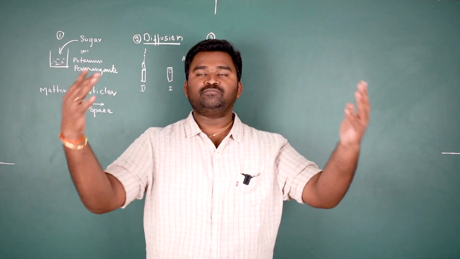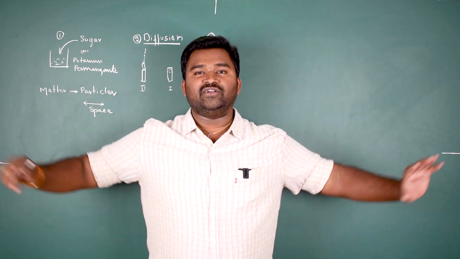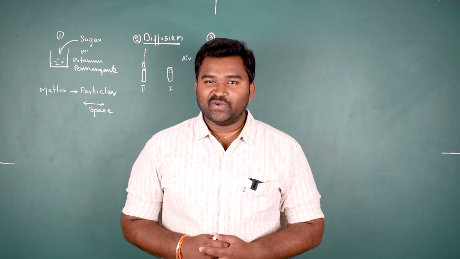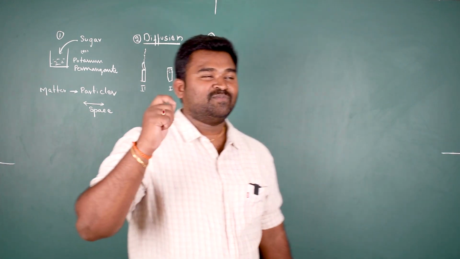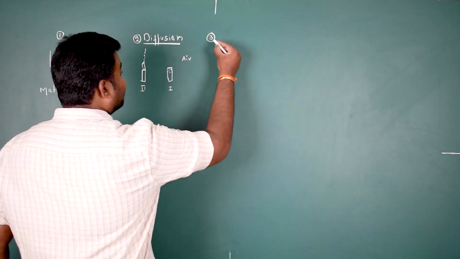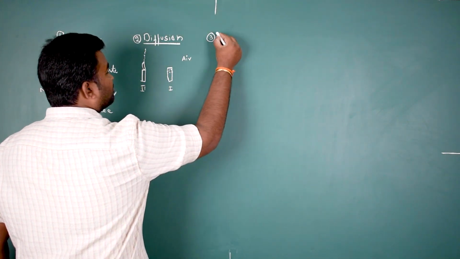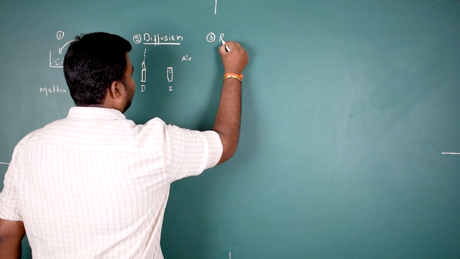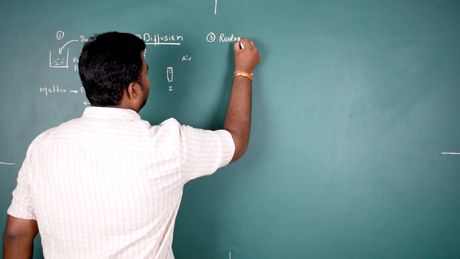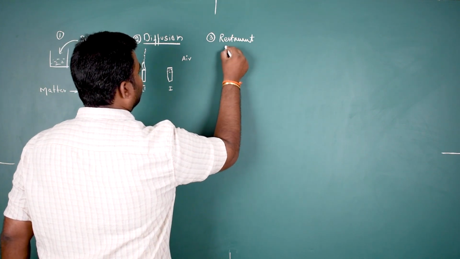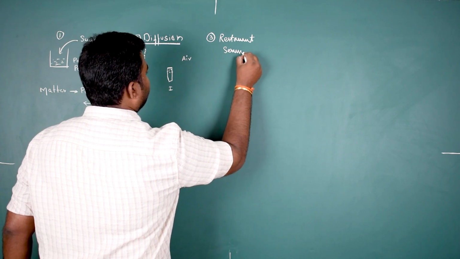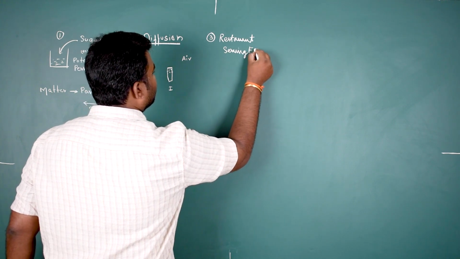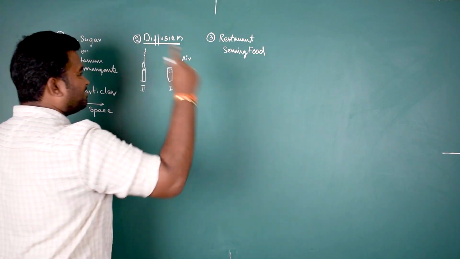Because of that, the whole smell gets distributed into that particular area. Do you understand this? Why do you smell that? So the third experiment that we have seen is a restaurant serving some food. Okay. So these two are very similar.